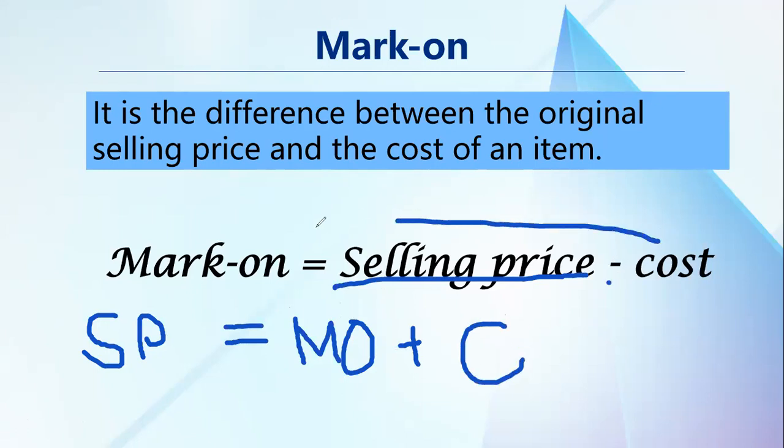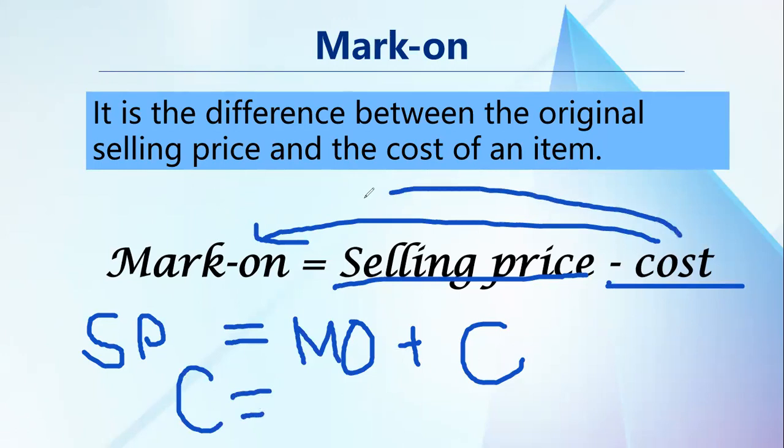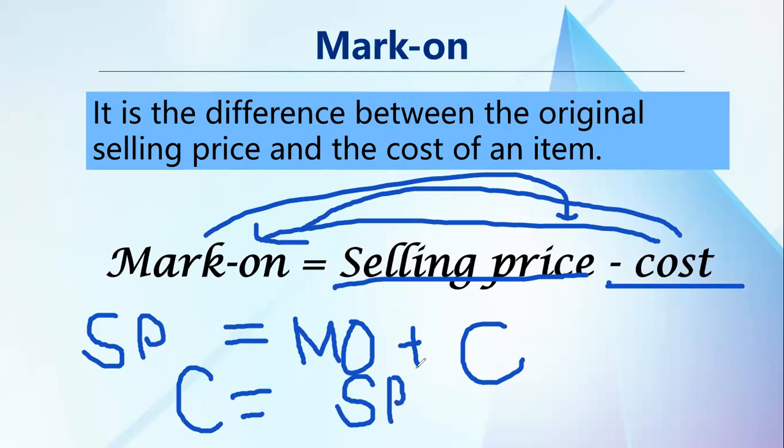Then the cost was transferred to this side. Since it's negative, it becomes positive. Now, if we intend to find the cost, the cost will be equal to the selling price minus the mark-on. The cost is negative, so when moved to this side it becomes positive.